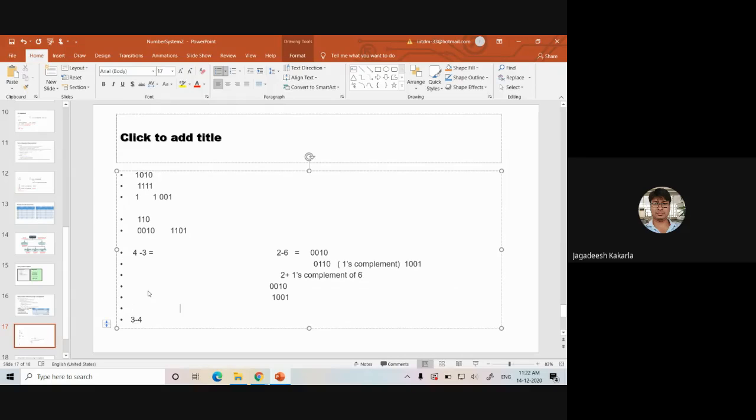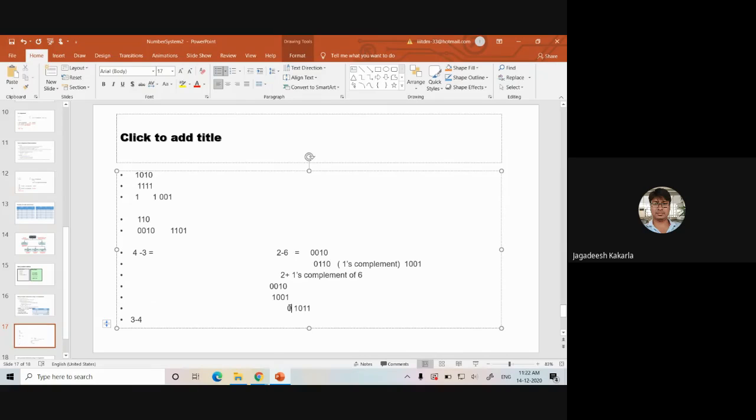Can anyone perform the addition of these numbers and tell me what value you will get? You will get 1011. Am I right? What is the end carry? End carry is 0. Will you agree with me or not?